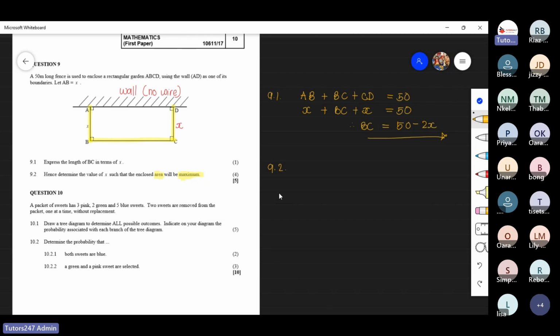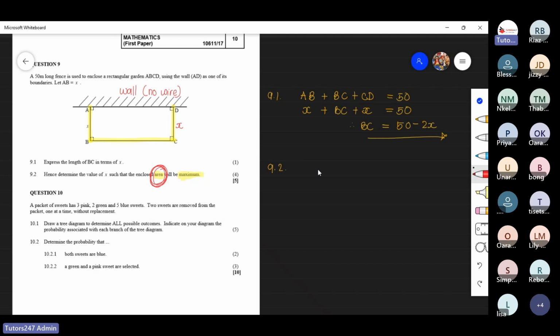It states, hence, determine the value of x such that the enclosed area will be maximum. So we need the maximum of the enclosed area. That means our equation needs to be an area equation. We need to find the maximum area. That is why we first need to find the area equation.